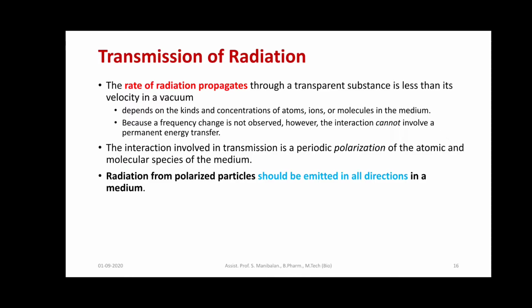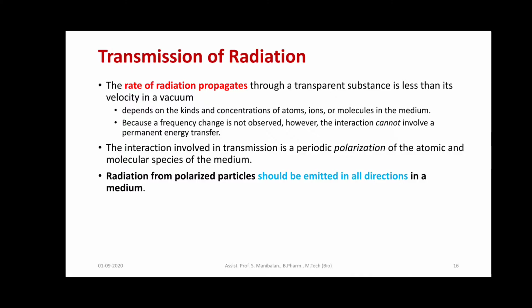Now transmission of radiation. The rate at which radiation propagates through a transparent substance is less than its velocity in vacuum. This is the truth, a normal world phenomenon. The velocity is lesser when it crosses a dense medium other than a vacuum.